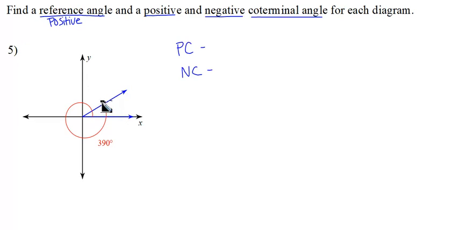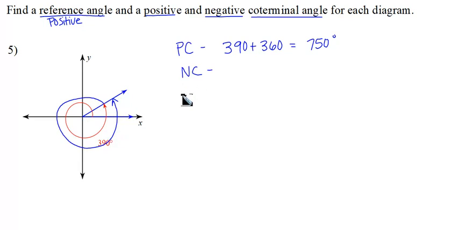If I want to find another angle that ends at the same place as mine and I want it to be a positive number, I could just continue around the circle one more time. So what I've done is I've taken my angle and I've added 360 degrees. In this case, I will get 750 degrees. It just tells me that is another angle that ends or terminates at the same place.